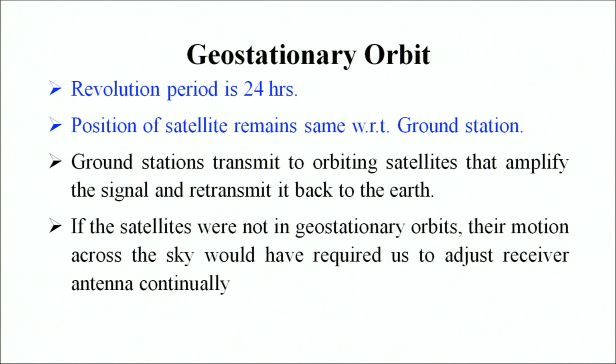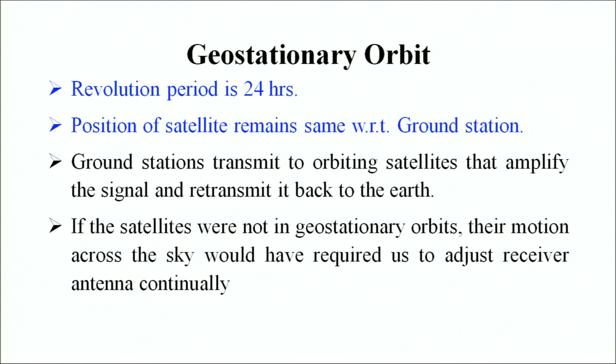Let's first of all talk about a geostationary orbit. A geostationary orbit is basically an orbit whose revolution period is 24 hours, which means that the rotation of the earth and the revolution period of the satellite in that orbit are identical.